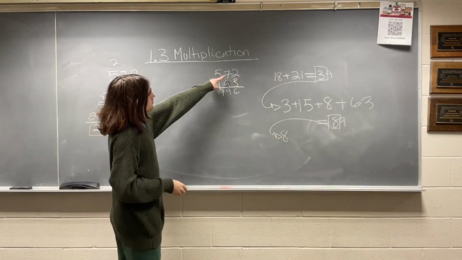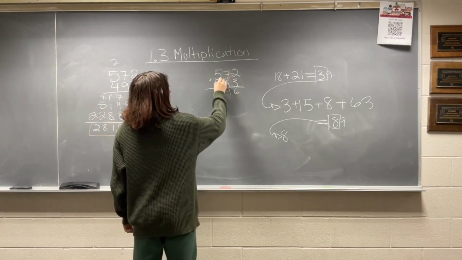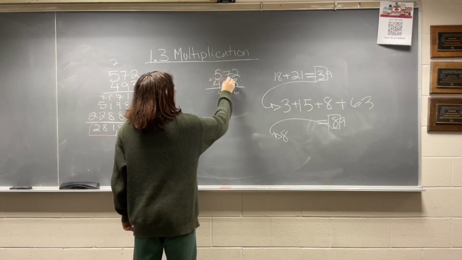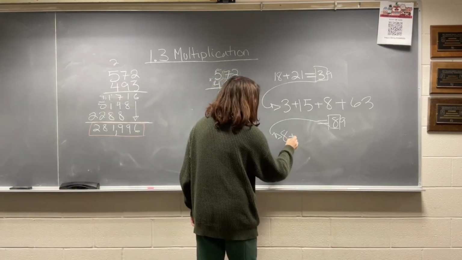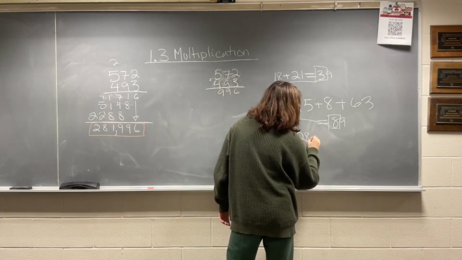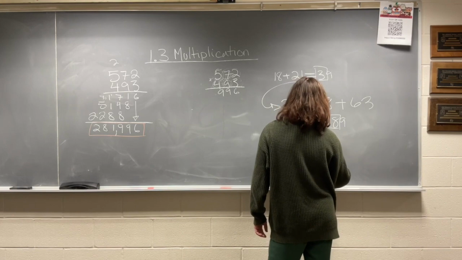And now what we do is we do the same thing we did the first time, which is 7 times 4 and 5 times 9. So 7 times 4, and we're going to add that to this, is going to be 28, plus 5 times 9, which is going to be 45.